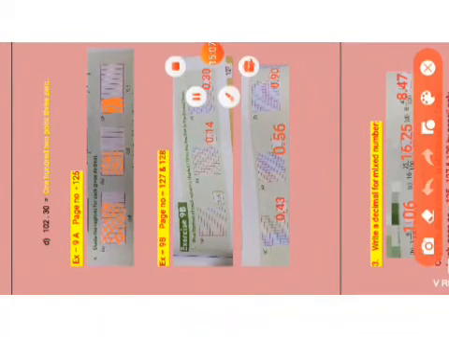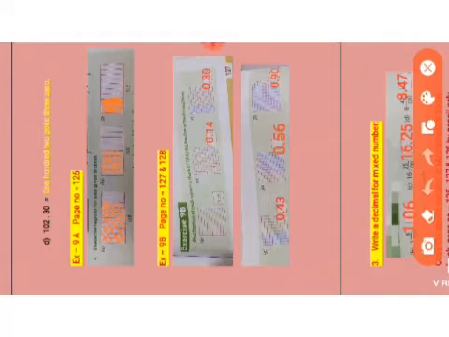Now coming to the next question. Write a decimal for the mixed number. This is question number 3 from your book, page number 128.